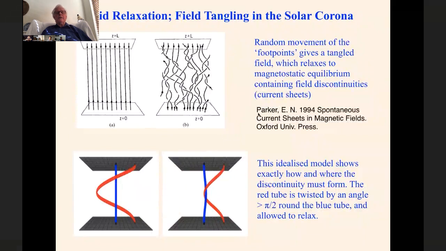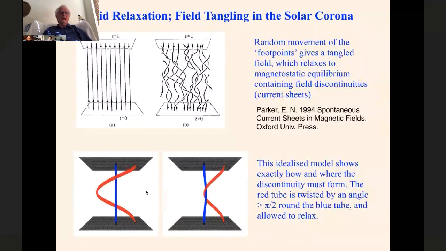Parker has written a whole book on this topic, Spontaneous Current Sheets in Magnetic Fields, in which he shows that in general one must anticipate current sheets where the field lines tend to come into coincidence.